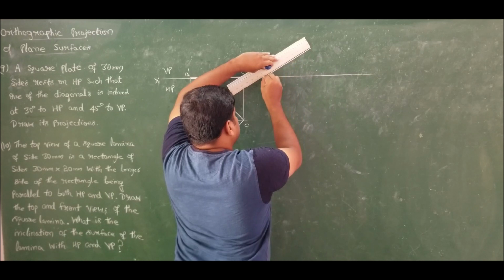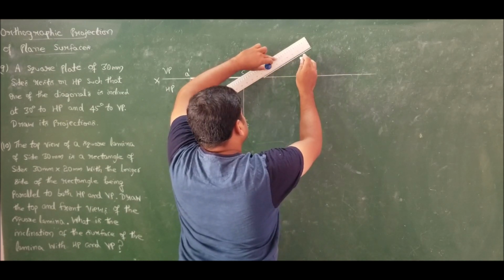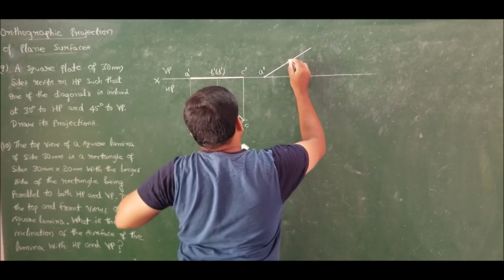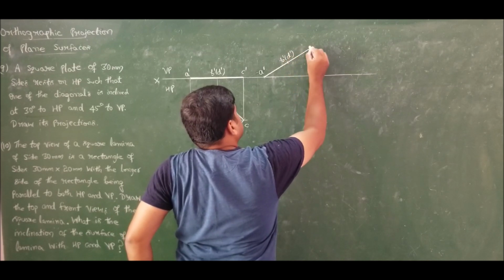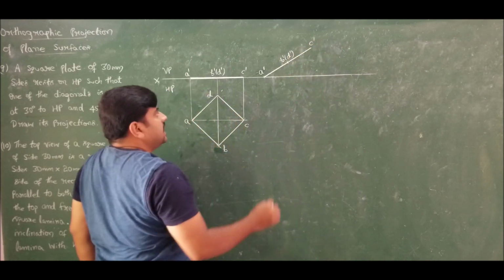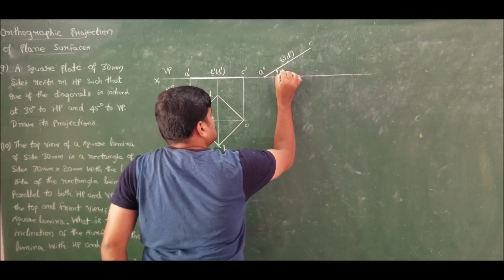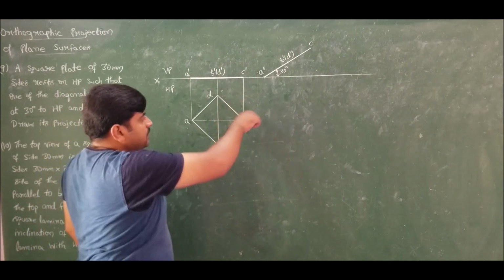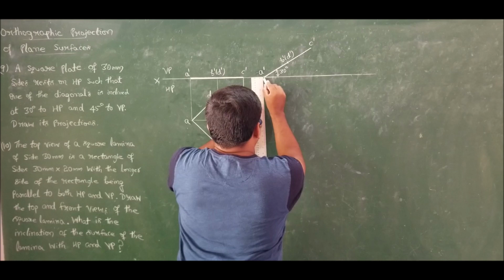Transferred. Exactly at the center we have B dash D dash. This is B dash D dash and we have C dash. This angle is nothing but the 30 degrees given. Done. Now take the projection vertically and horizontally and complete the drawing.